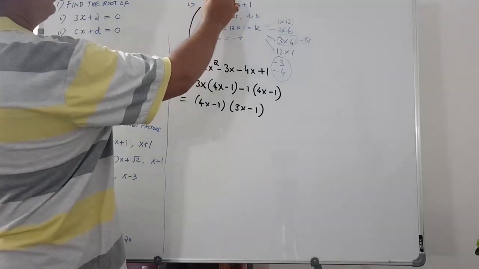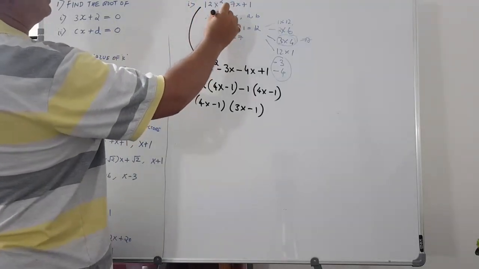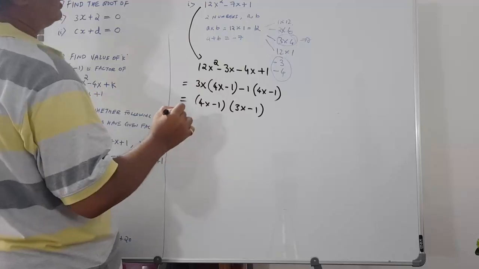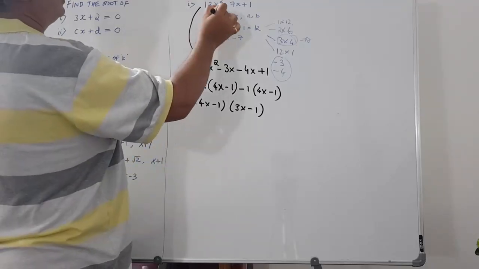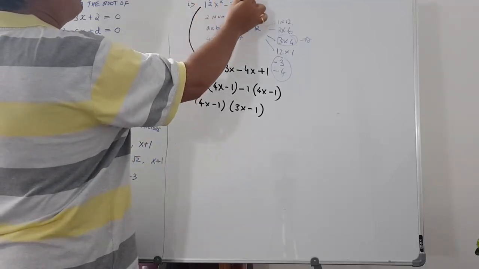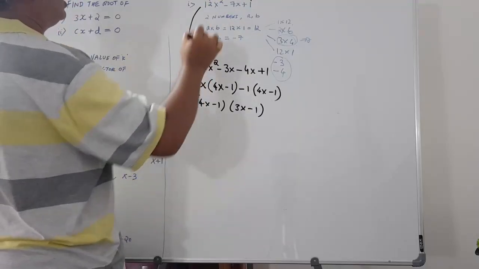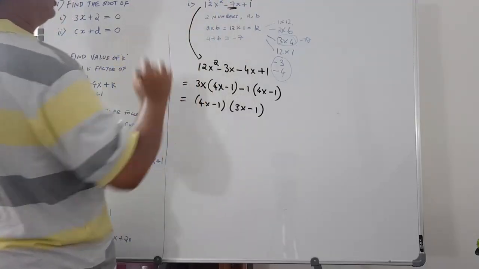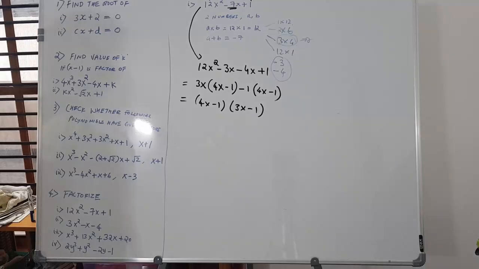Whenever you have a quadratic expression, you can factorize it by finding two numbers whose product is the product of these two numbers and whose sum is this one. That is the mathematical trick you have to remember.